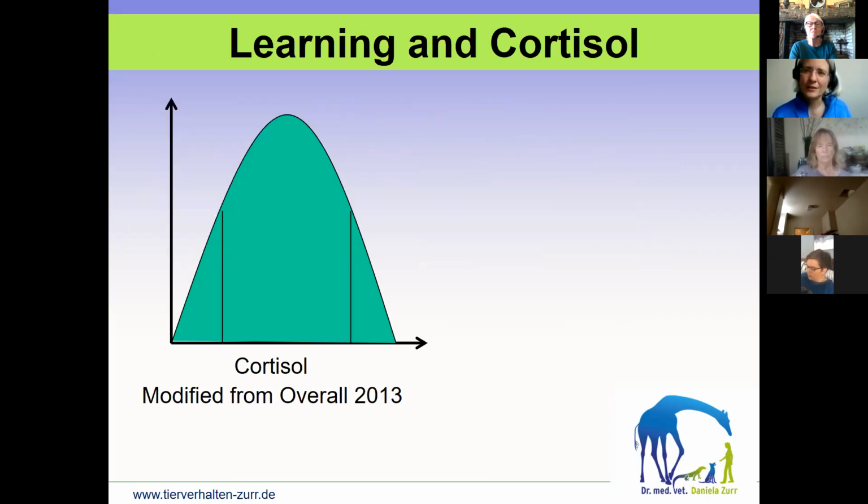In general, as with most things, the best area is somewhere in the middle. So for learning, very high levels of cortisol as well as very low levels are bad, because to produce factors that help to build long-term memory in the brain, we need a cortisol level somewhere in the middle.